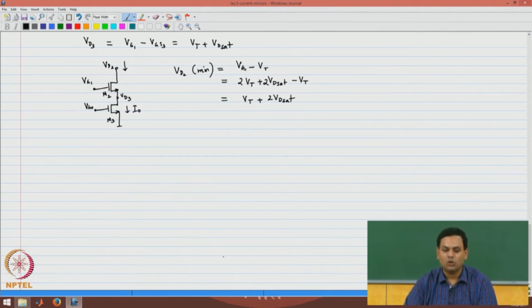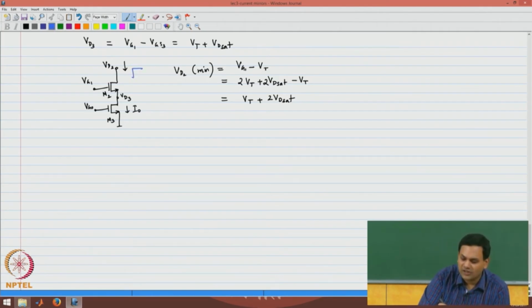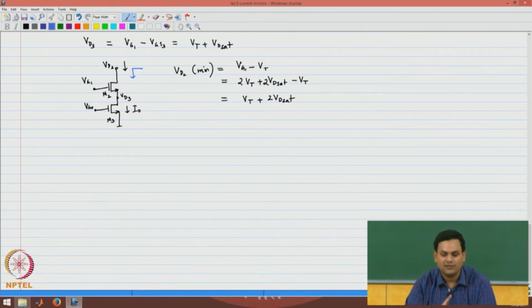This is the minimum voltage possible at the drain of M2 before M2 goes into the triode region. Once M2 goes into the triode region, you are not assured that the output resistance is still very large. Please note that the output resistance will be large only if all transistors are in saturation.